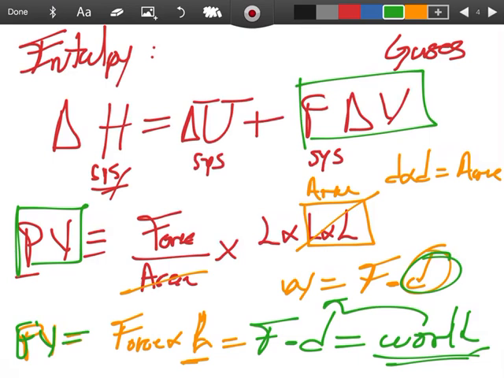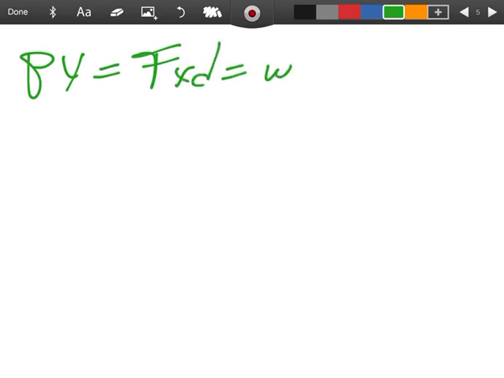Very well. So let's write this again. PV is the same as force times distance, and this is the same as work. And it's very important to say that this work is going to be applied by the system.